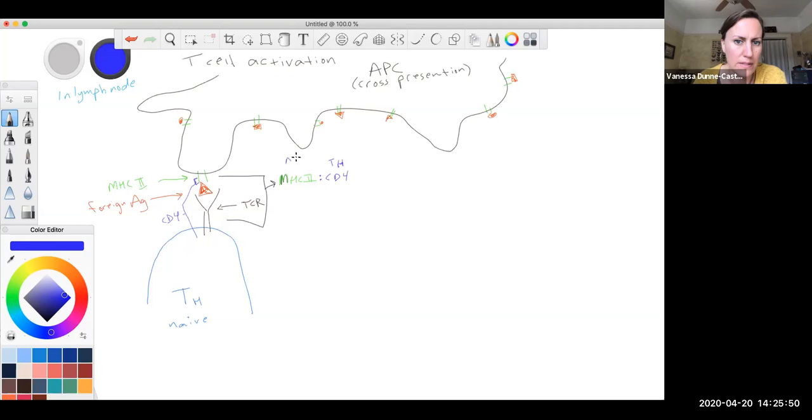And this is the APC. And then there's also that perfect match with that foreign antigen, which is matched perfectly with that T cell receptor.